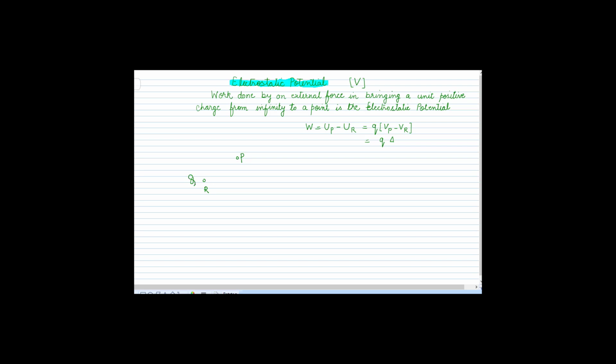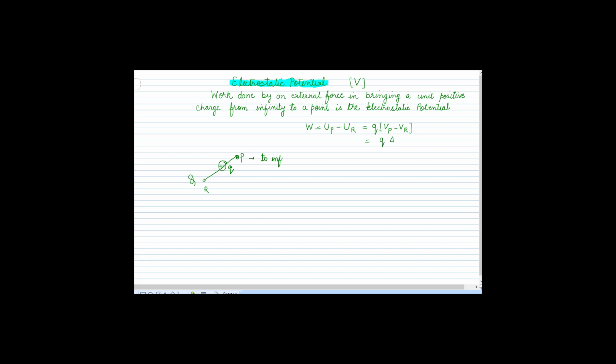Here we are having a source charge capital Q, and we are bringing the test charge plus Q from point P to R. So this initial point P, we have taken this point to infinity.